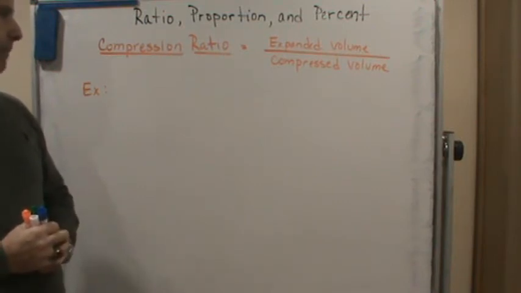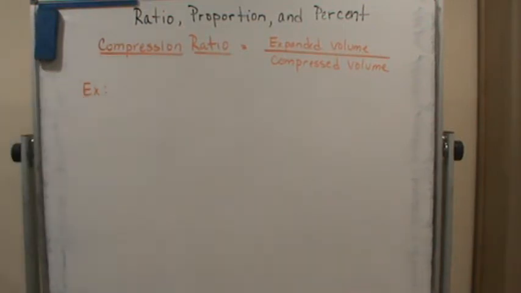Okay, so let's do an example. It says, find the compression ratio of a gasoline engine if each cylinder has a maximum volume of 475 cubic centimeters and a minimum or compression volume of 50 cubic centimeters.